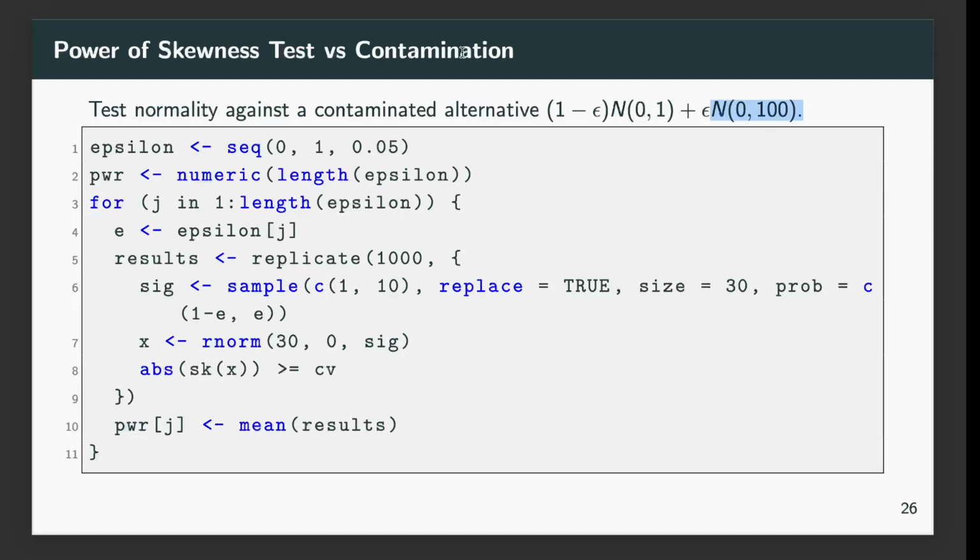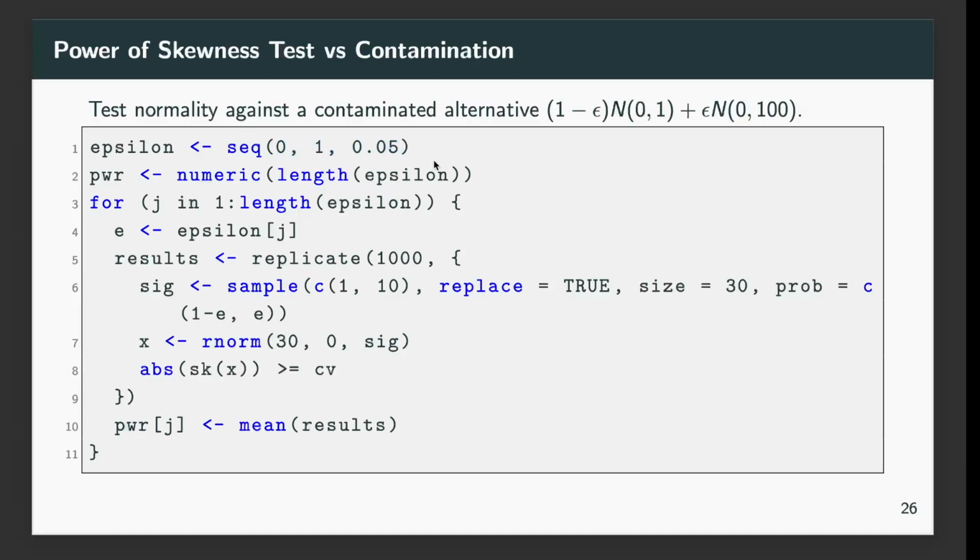So what we do here is that we loop over epsilon from 0 to 1, with the increment of 0.05, and for each epsilon we run 1000 replicates.